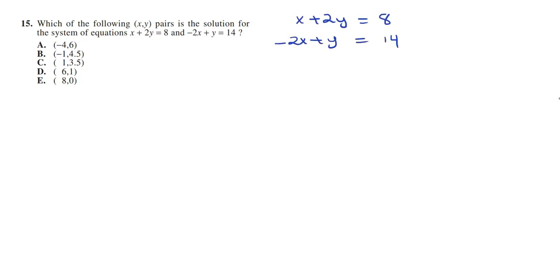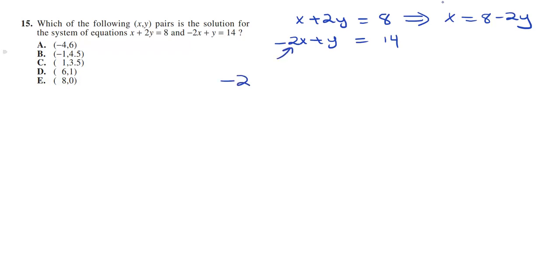This is going to be a lot easier. I always prefer to use substitution if the coefficient of one of the terms is 1. So based on this equation here, x is going to be 8 minus 2y. So now I'm going to take this value and substitute that into this equation.